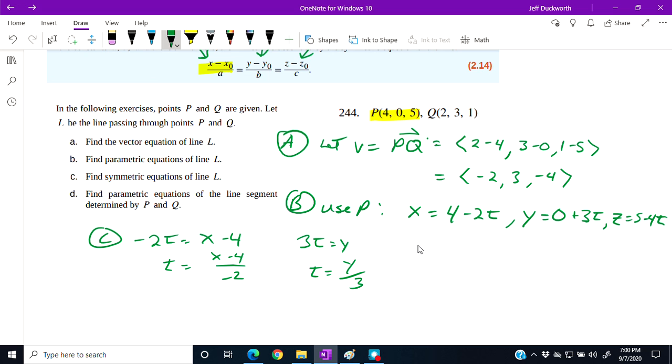And our third one, negative 4t equals z minus 5, which means t equals z minus 5 over negative 4. So those will be our symmetric equations for those.